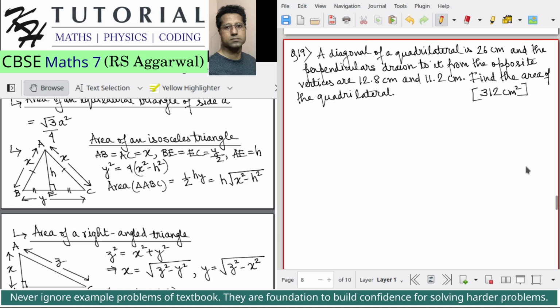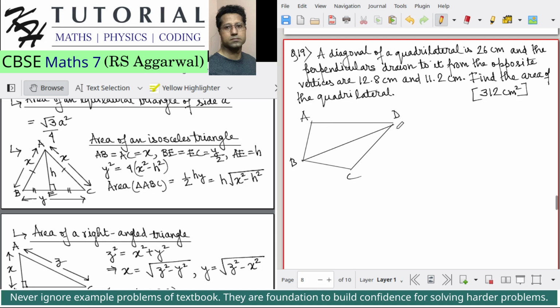This is a very common concept that I did not discuss, that you can find the area of a quadrilateral. Let's say this is a quadrilateral ABCD. How do we find the area of this quadrilateral? One standard way is that we need to know the length of a diagonal.